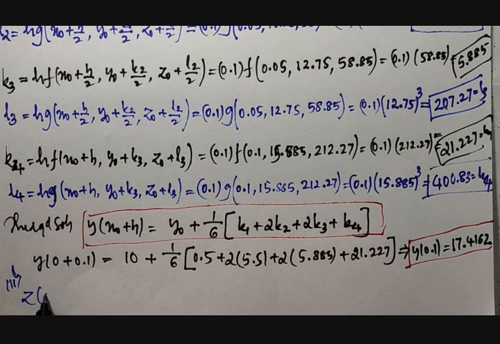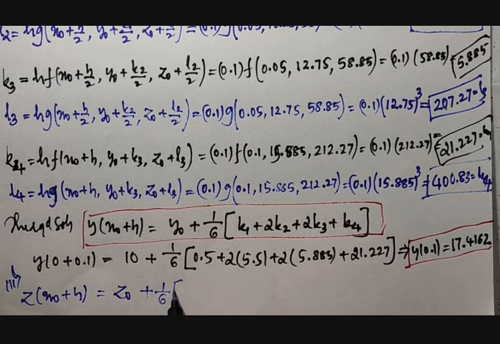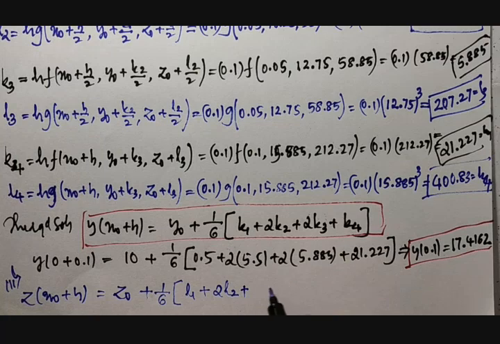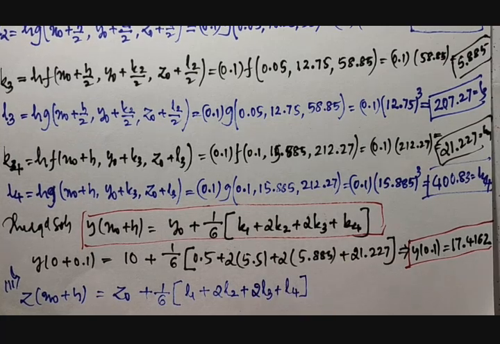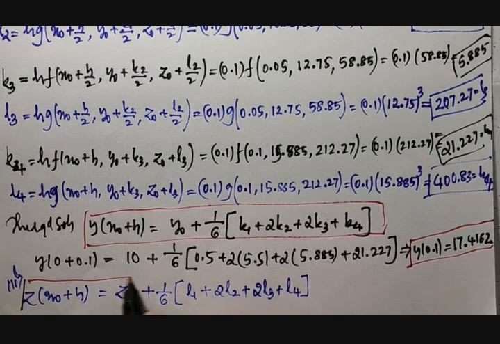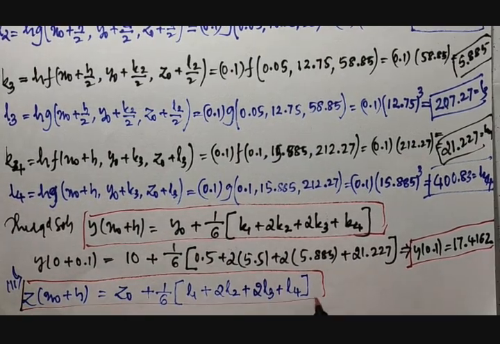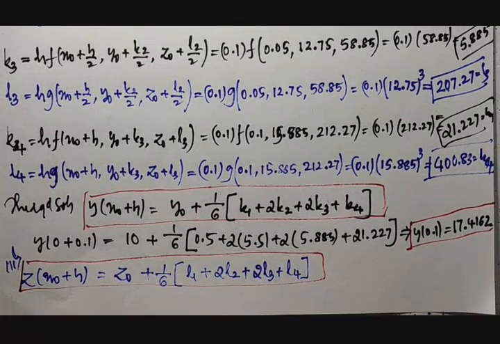Similarly, z of x naught plus h is equal to z naught plus 1 by 6 into L1 plus 2L2 plus 2L3 plus L4. Substitute the values in this equation to understand its solution.